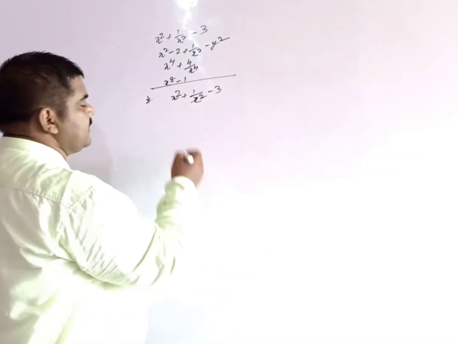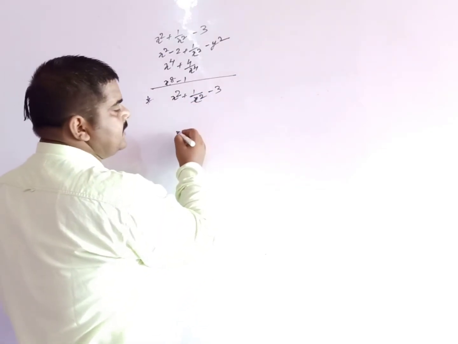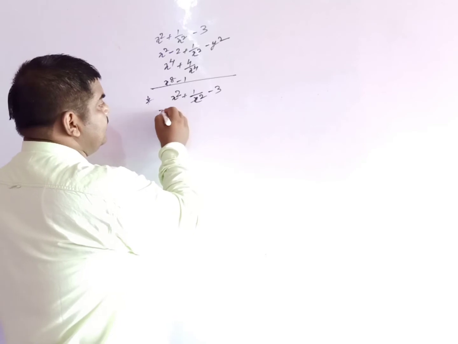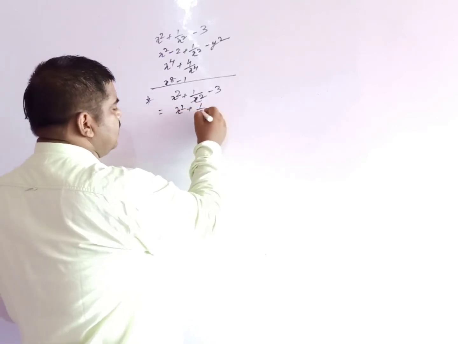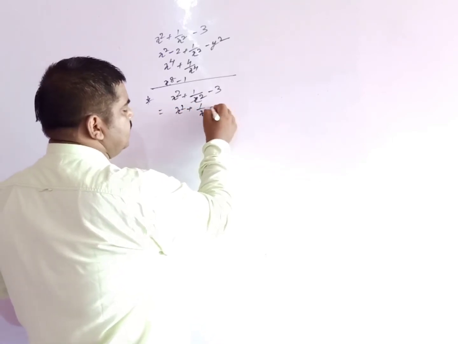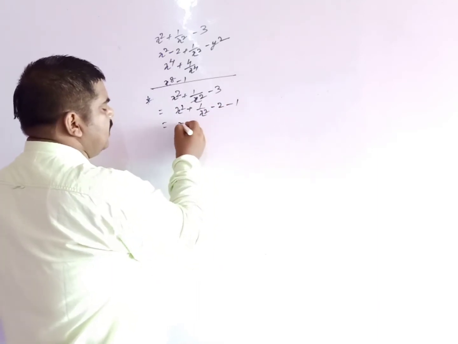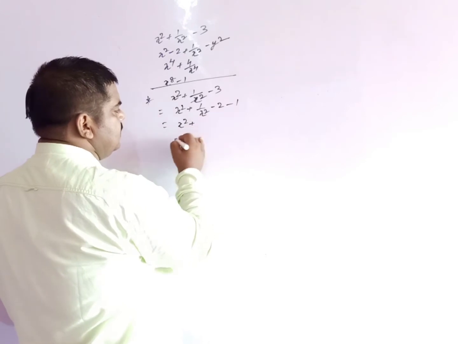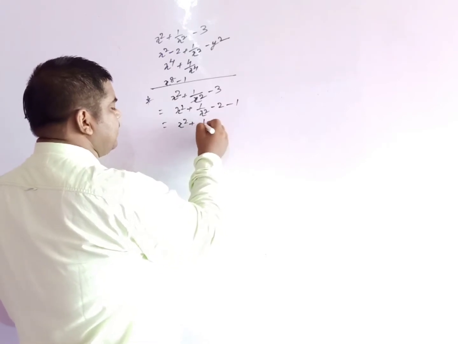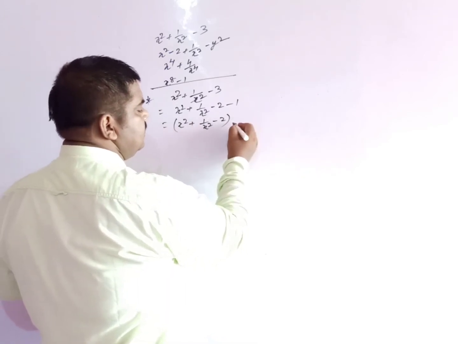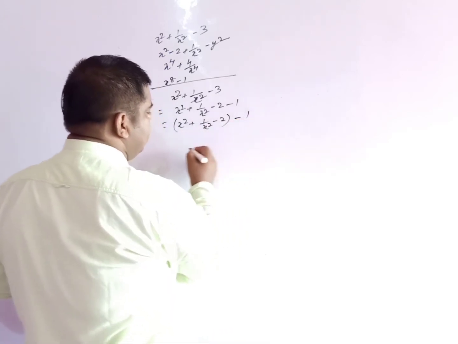My dear student, you can just see that this is a type of question, and you can just rearrange it. x square plus 1 by x square minus 3 can be written as minus 2 minus 1. And now you can just see that again you have to rearrange: x square plus 1 by x square minus 2 is taken as a group and minus 1.